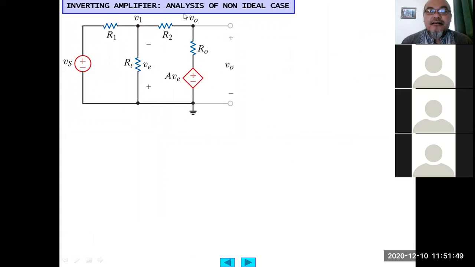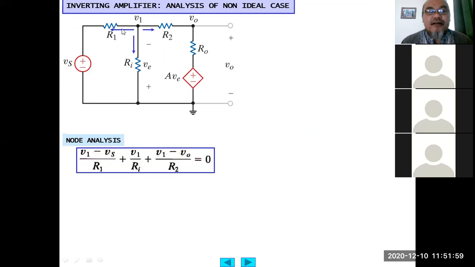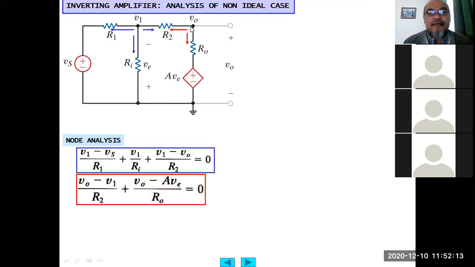So this is the non-ideal case, more complex, right? If you use node analysis at this node: V1 minus Vs over R1, plus V1 minus 0 divided by Ri, plus V1 minus V output divided by R2, equals 0. Then at this node, V output minus V1 over R2 plus V output minus A VE over Ro equals 0.